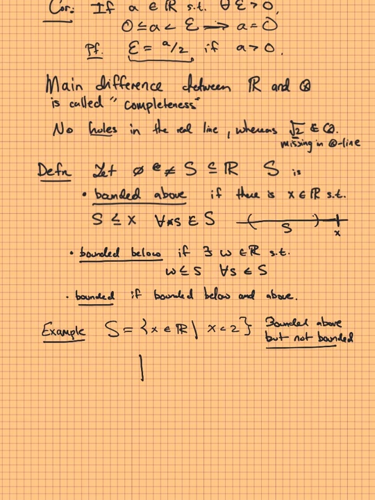Actually, it's a good exercise to think about why this isn't bounded below. It essentially follows from what we saw for the natural numbers. So why is this not bounded below?